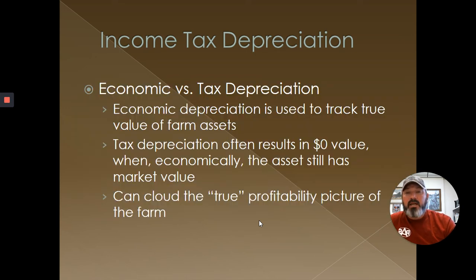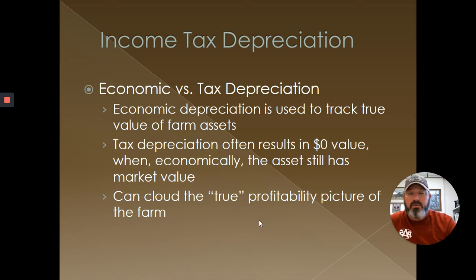So when we talk about economic versus tax depreciation, again, the economic depreciation is used to track the true value of a farm asset. Tax depreciation often results in 0 value when economically the asset still has market value. So here's a good example. That grain bin that I just mentioned may be 15 years old at home on the farm. From a tax perspective, it has basically no value.